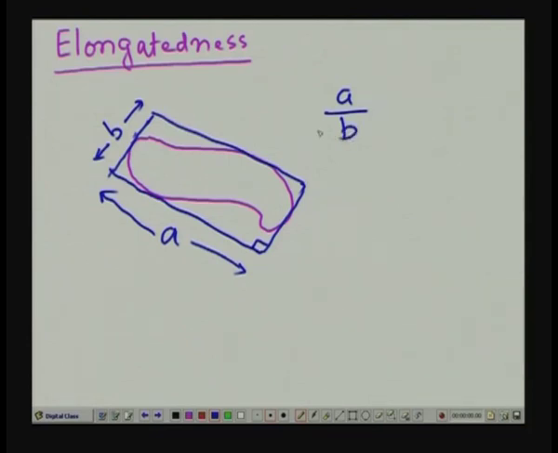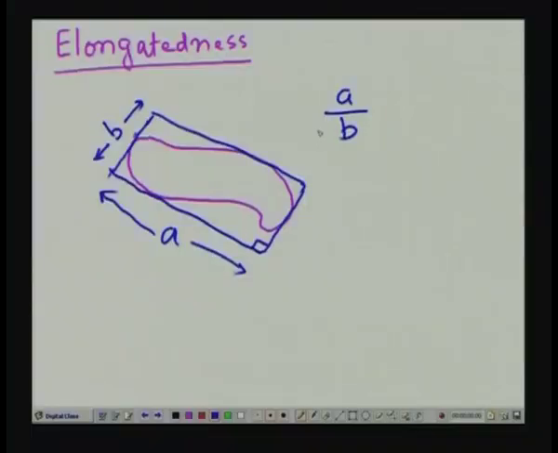That is, the length of the larger side of the minimum bounding rectangle to the length of the smaller side of the minimum bounding rectangle. This is what is called the elongatedness of this particular shape. Now, you find that this simple definition of elongatedness is not valid if my region is a curved region.